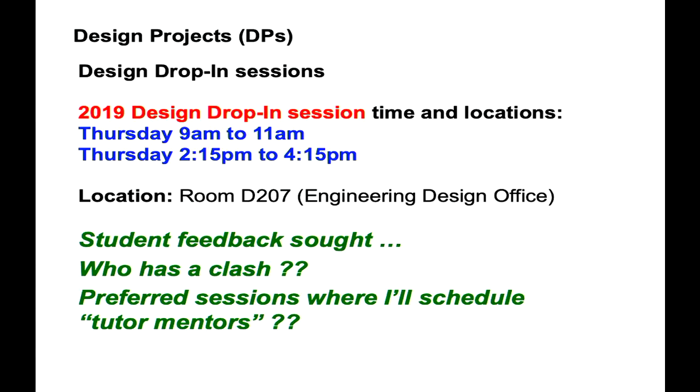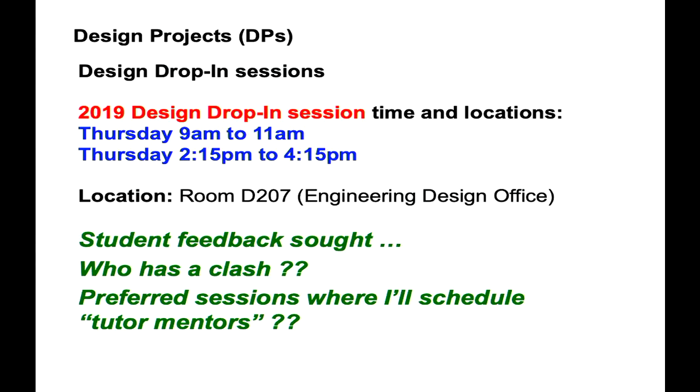Thursday 9 a.m., it's not my preferred time of day either, but there's not too many people that have a class. So it's okay, question mark. 10 a.m., who's got a class, who's got a clash? Quite a fair few. Okay, 10 a.m., so question mark, cross, not really.